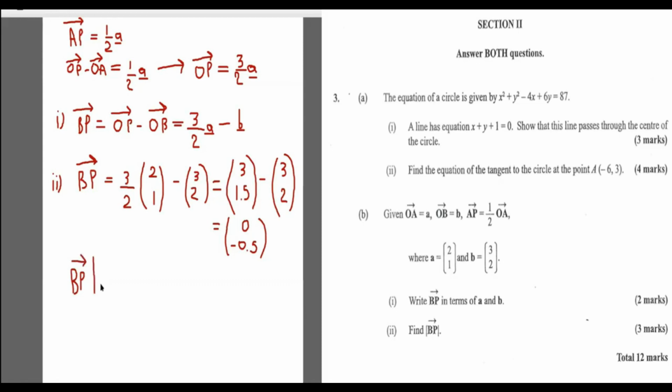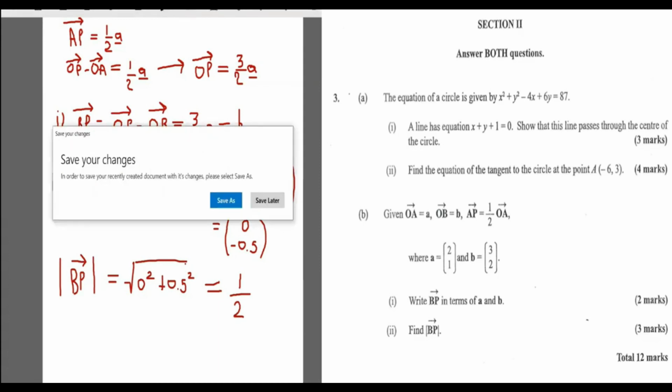The norm of vector BP is going to be equal to the square root of 0 squared plus 0.5 squared. That's how we find vector norms or the magnitude. 0.5 squared is a quarter, and when you square root a quarter, you get back a half. And so the norm of vector BP is a half. That's the length. Nice and easy.